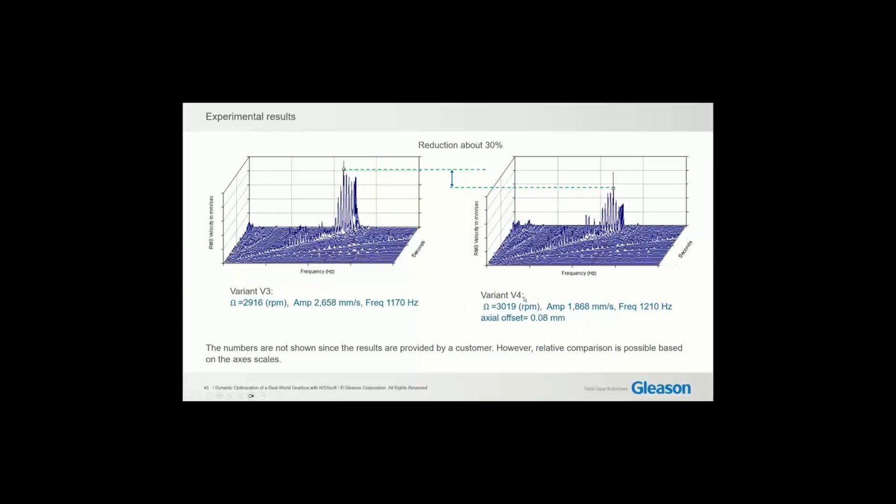On the other hand, for variant 4, they also considered another axial offset. So the axial offset here is different than before, because we did different simulations, but here I just consider one case study. And you see by comparing the peak values, the reduction is about 30% of the velocity measured by the sensor.